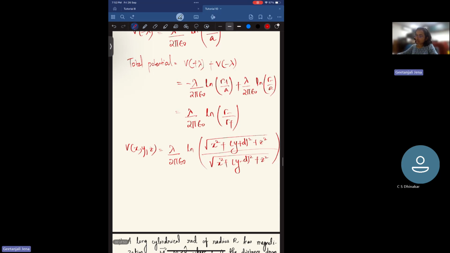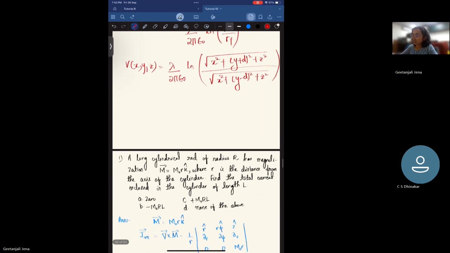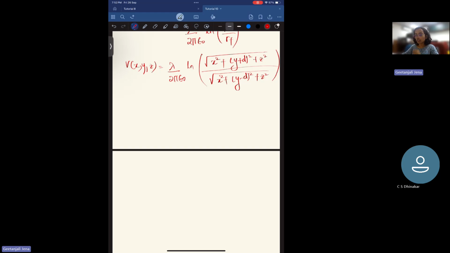And surface charge density, you can find out using the boundary condition. So this is sigma equals minus epsilon naught dou V by dou n. And the surface is at y equal to 0, so that means this is dou V by dou y.